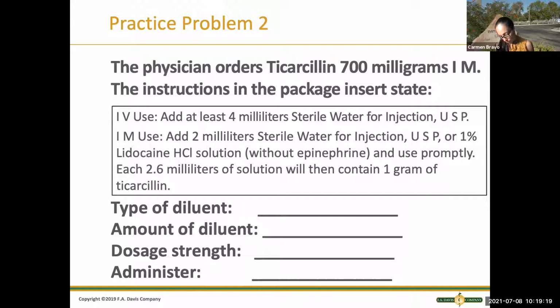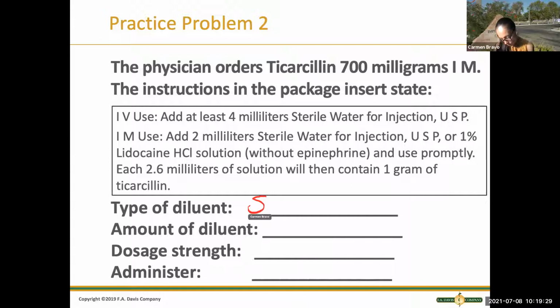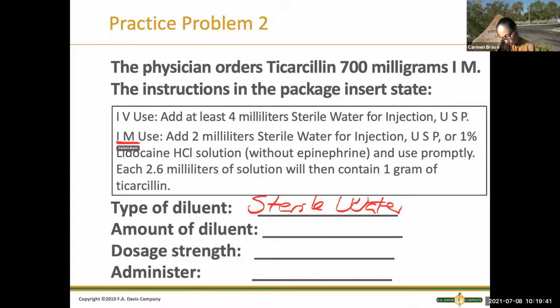Okay, what type of diluent will we be adding? Sterile water. Mm-hmm. And then how much? 4 milliliters. 2 milliliters, yeah, because it's going to be IM, okay? 2 milliliters.